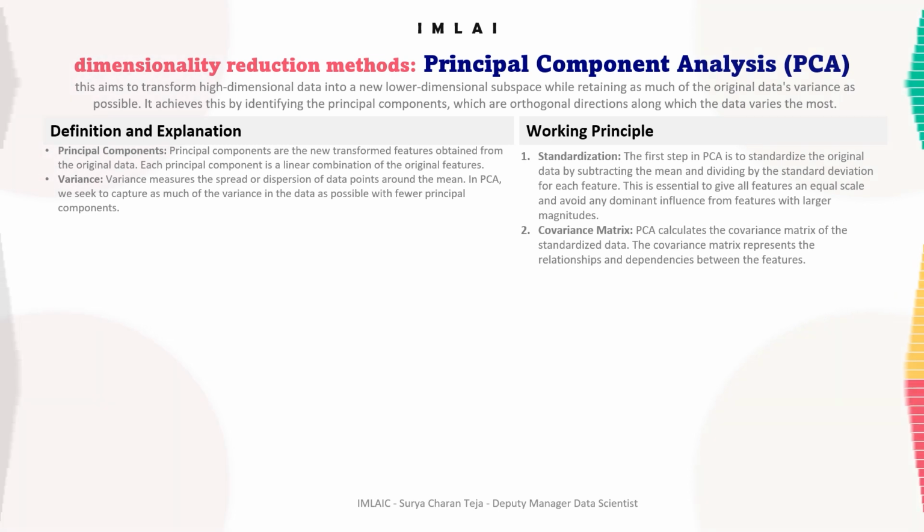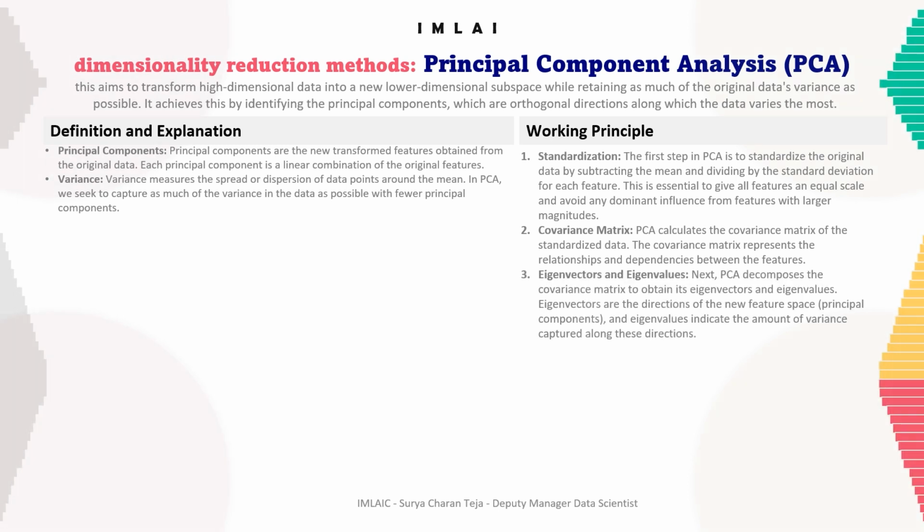It's eigenvectors and eigenvalues. PCA decomposes the covariance matrix to obtain its eigenvectors and eigenvalues. Eigenvectors are the directions of the new feature space, the principal components, and eigenvalues indicate the amount of variance captured along these directions.